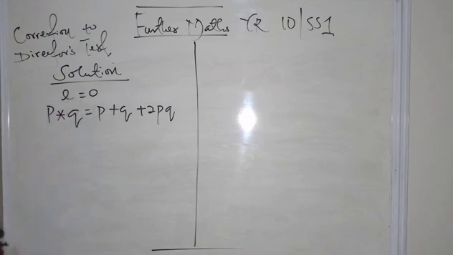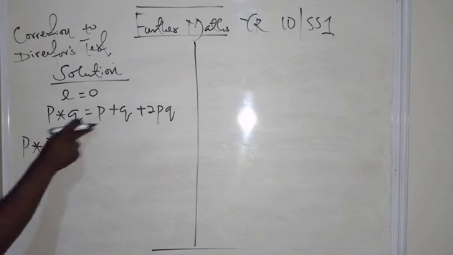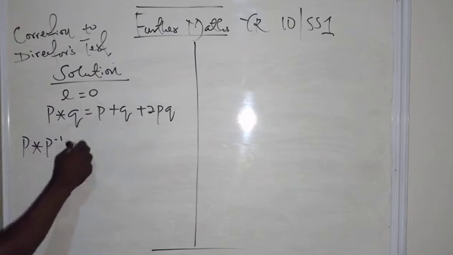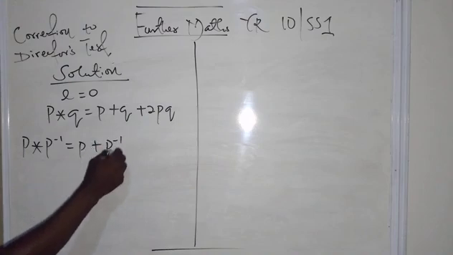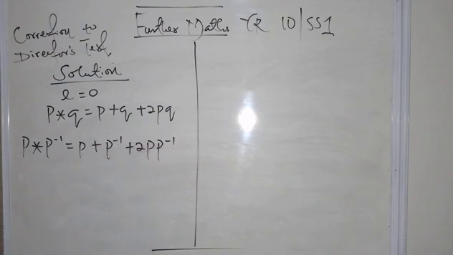Then for the inverse element, we have to change this to the inverse of P. So P star P inverse, and perform the operation: P plus P inverse plus 2P P inverse.